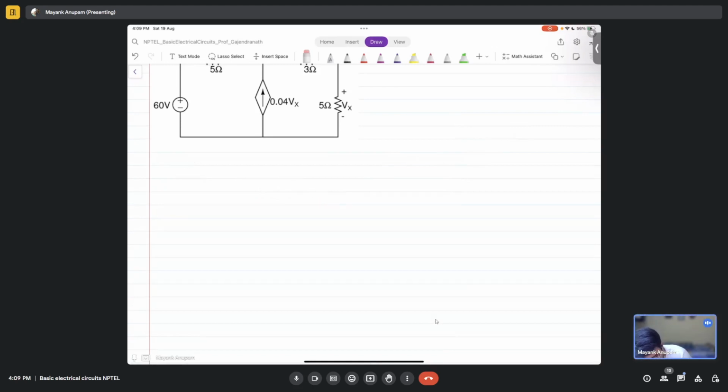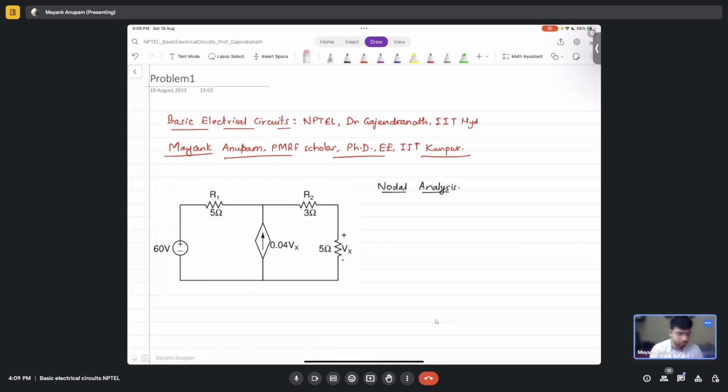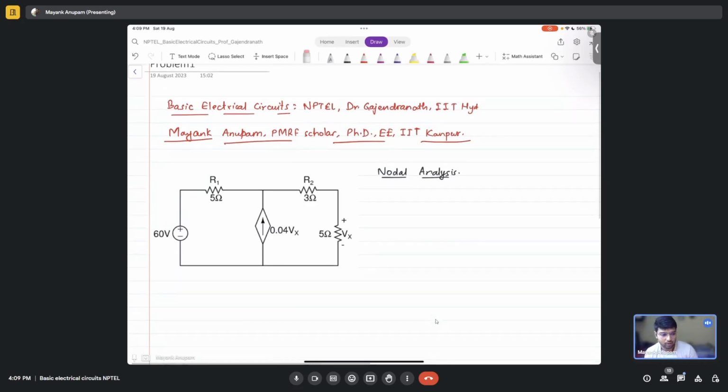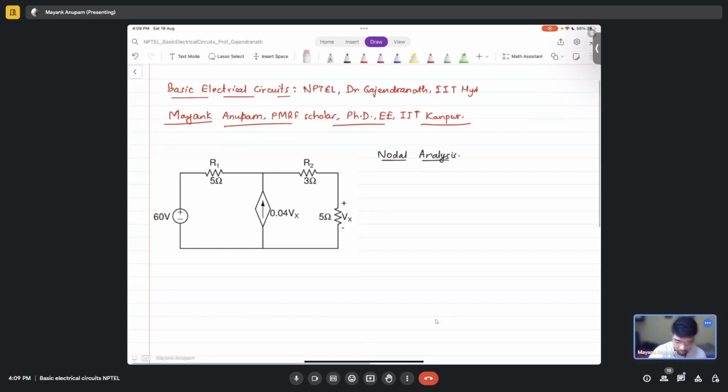So anything else related to week four's content? In nodal analysis, did anyone of you have any problem following the lectures? Maybe I will start point-wise. Definition of nodal analysis, anyone has any problem with that? No. Okay. Then how to set up the nodal equations?